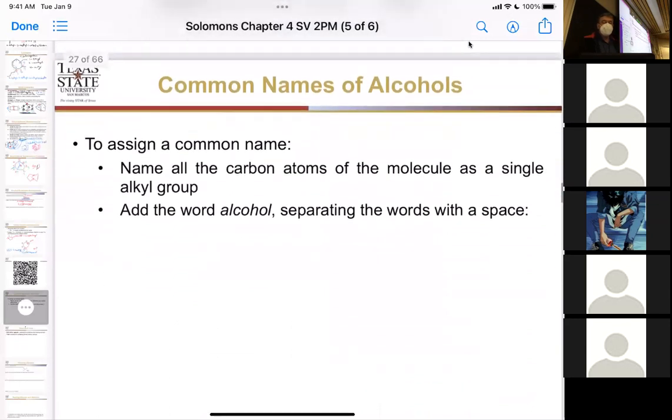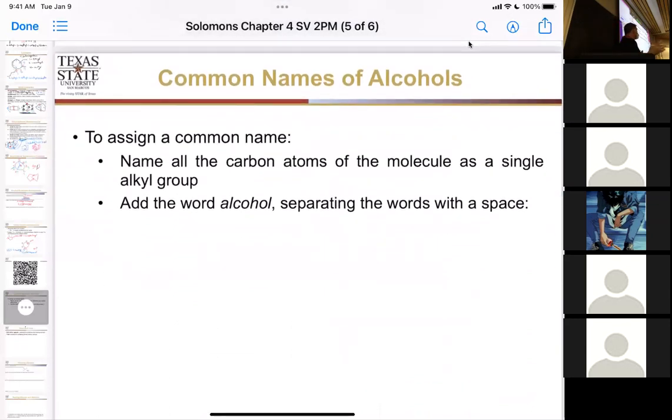So now I want to talk about common names. We had those common names for alkanes, right? And we had substituent names for alkanes, right? If it was the number of carbons plus YL at the end, it was a substituent. So we have those common names, butyl, isopropyl, sec-butyl. That's how we use common names for naming alcohols.